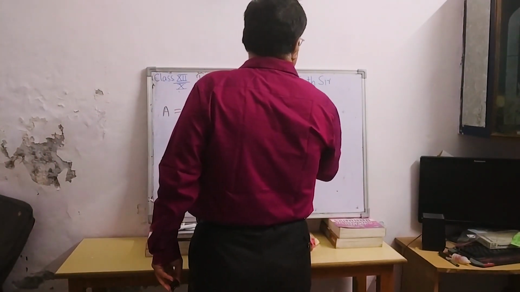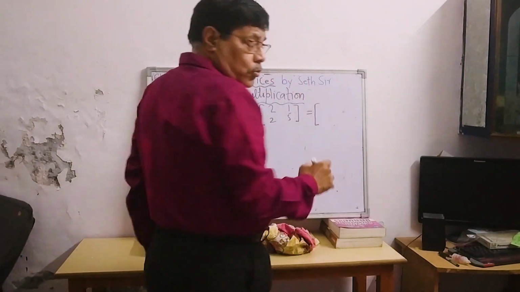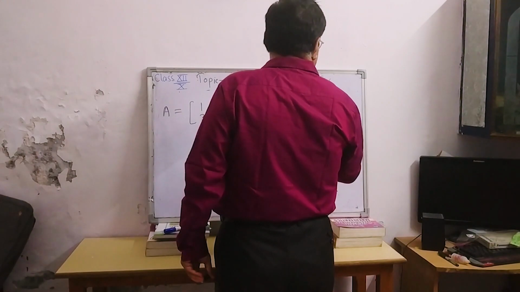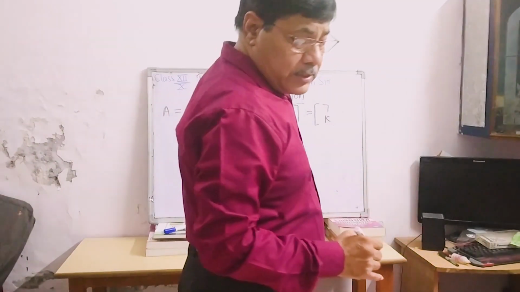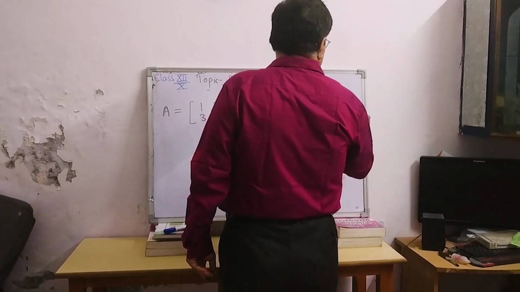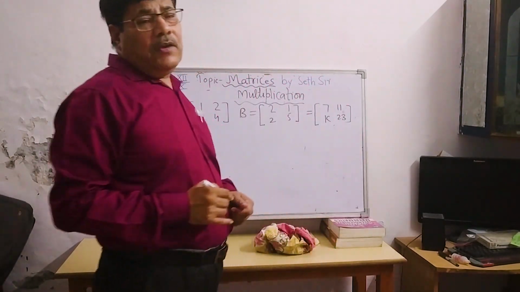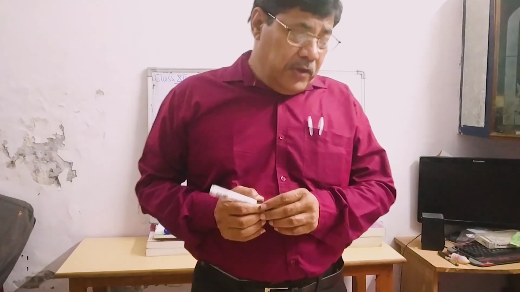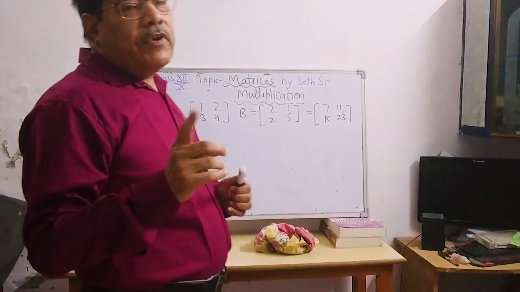And this is given to you 7, k, 11, 23. I have taken two things together. First you will do the multiplication, then you have to find the value of k also.